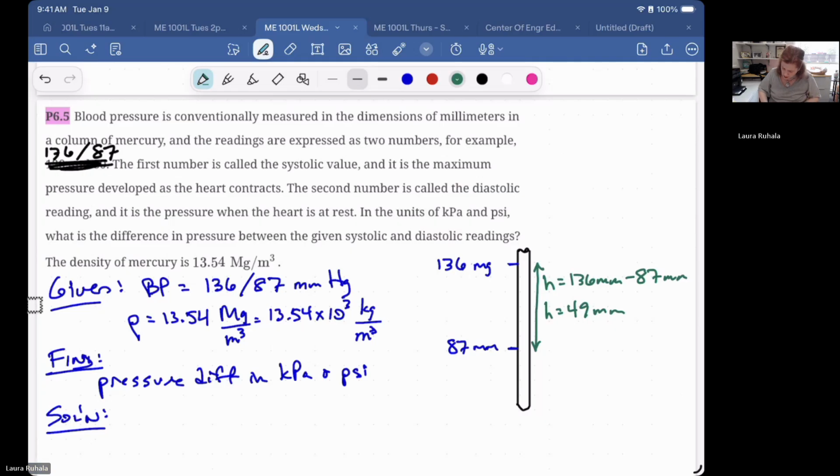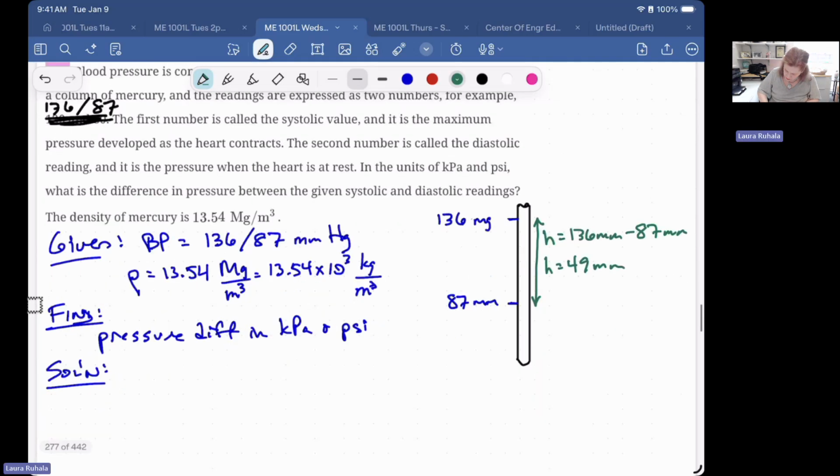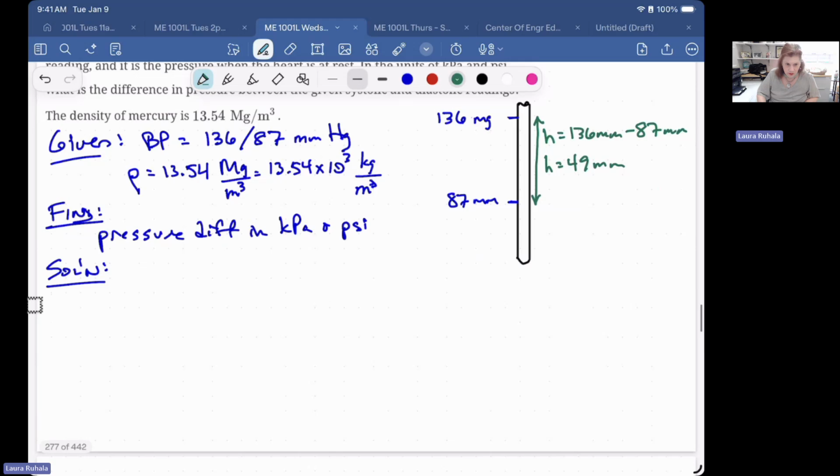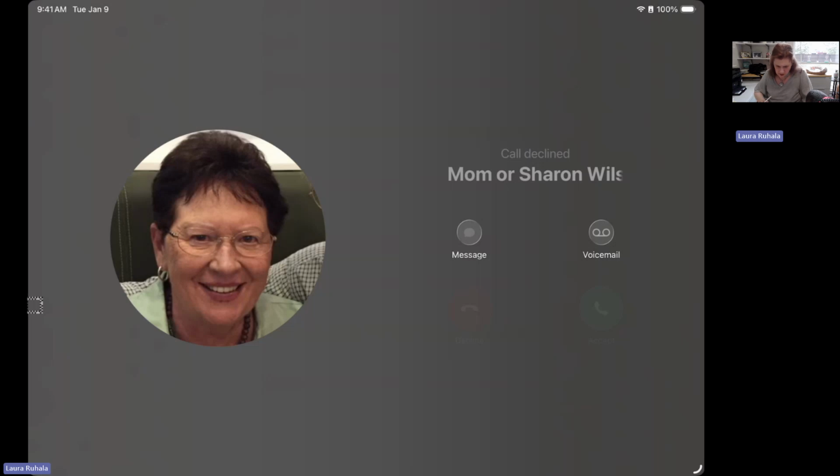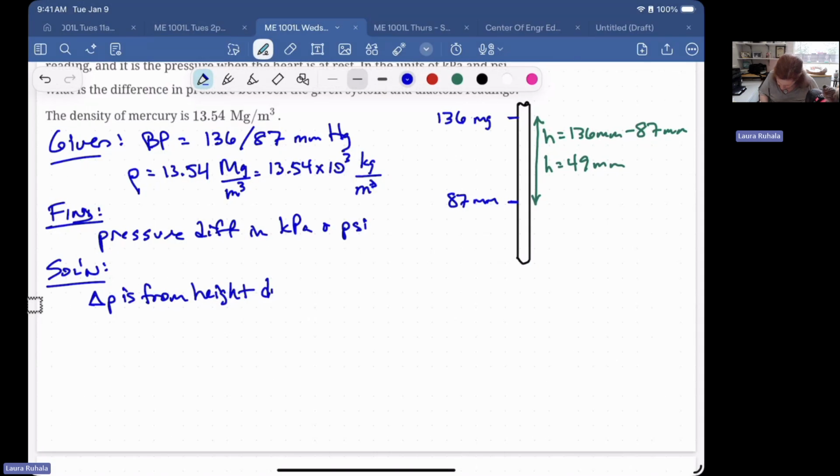All right. Now let's get started. What do we want to do? So first of all, recognizing that the delta P is from the height difference of 49 millimeters.